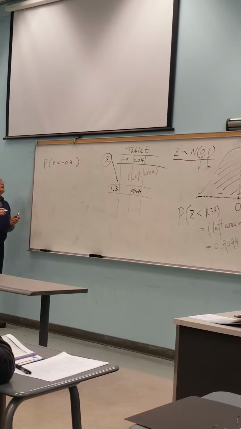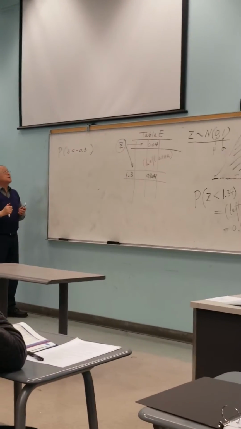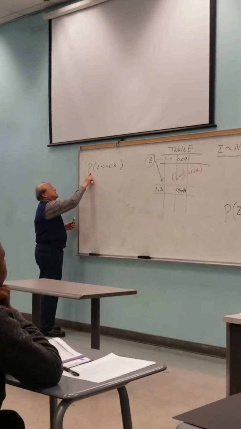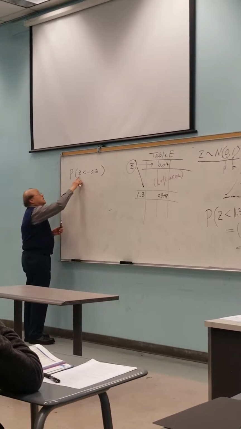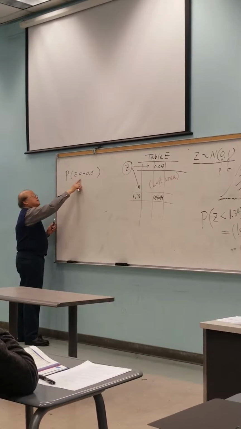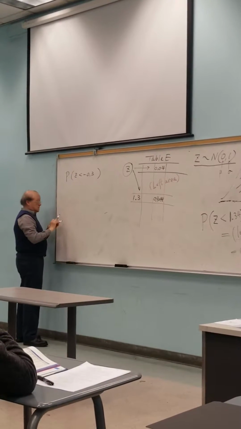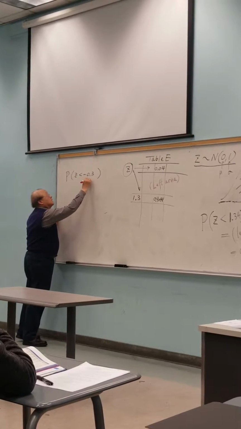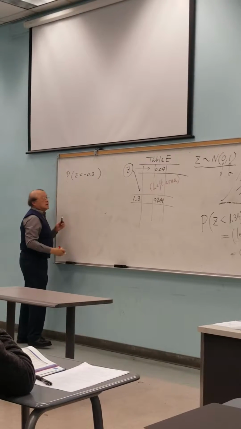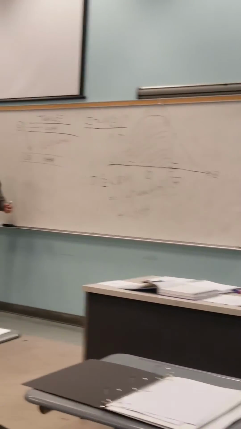Okay, listen carefully. How do you understand the question? The question is, what is the chance for the random variable z, or the standard normal, to take a value smaller than negative 0.3? And this number is a z-score.